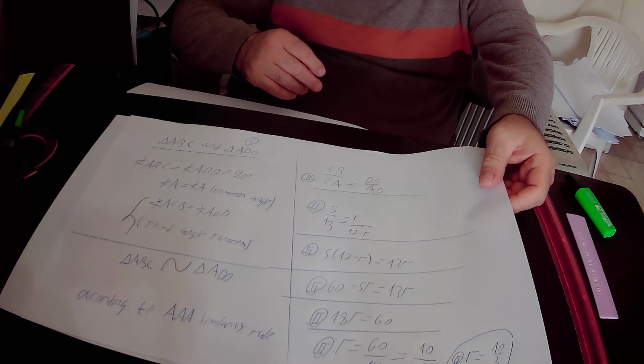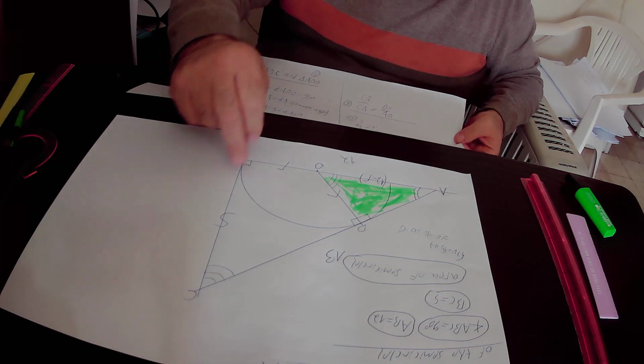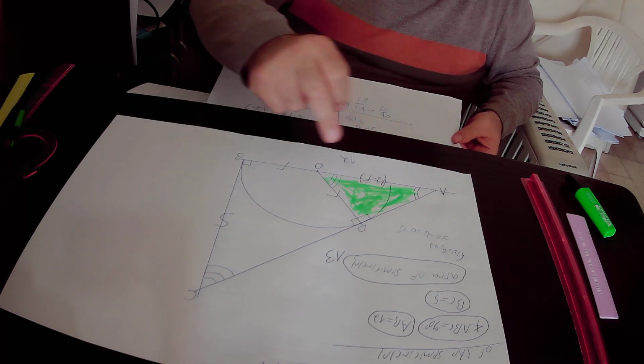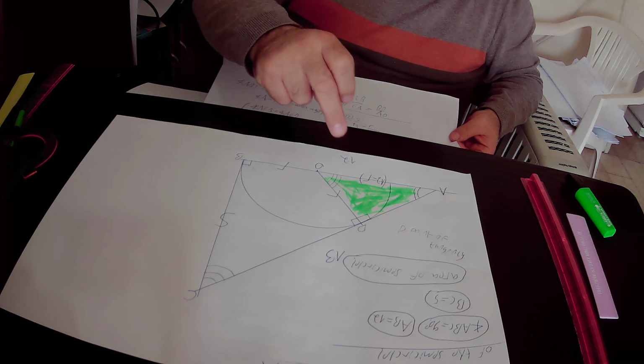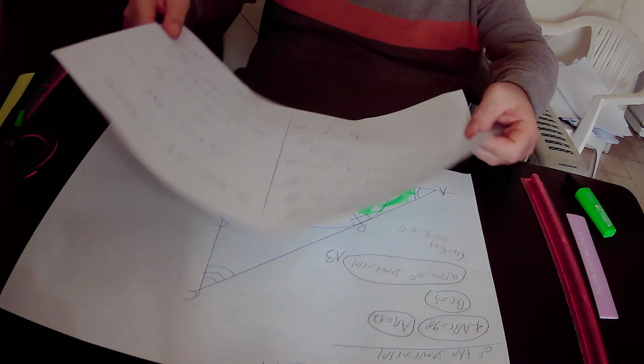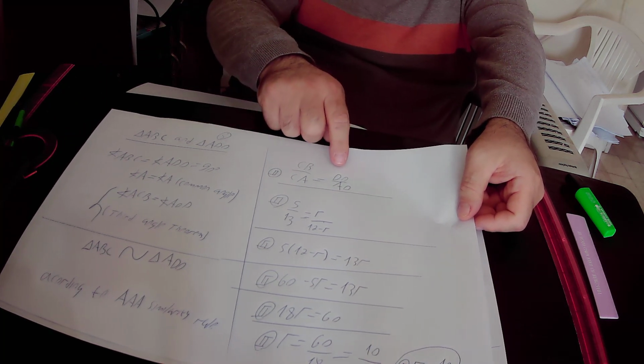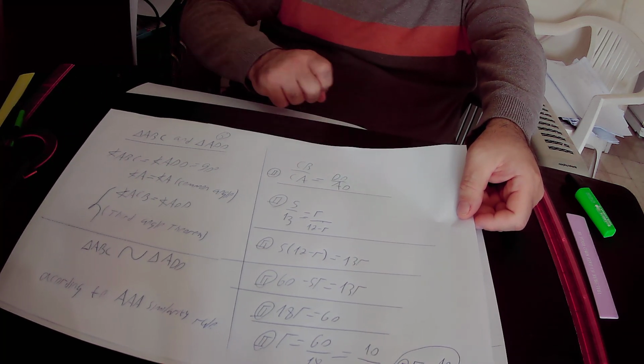And from the fact that they are similar to each other, we conclude that CB over CA in triangle ABC equals DO over AO in the green triangle. Again, CB over CA in triangle ABC equals DO over AO in the green triangle.